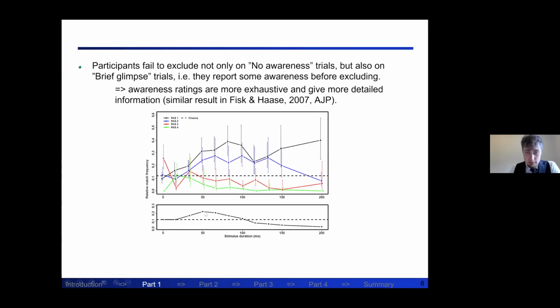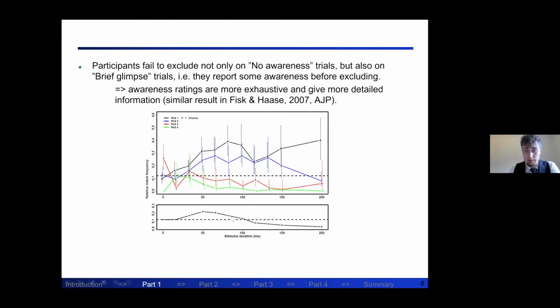What you can see quite nicely is that the match rate increases and peaks at around 50 milliseconds. So at this point, participants are doing the opposite of what they're told to do. So they are writing the word more often than you would expect by chance.